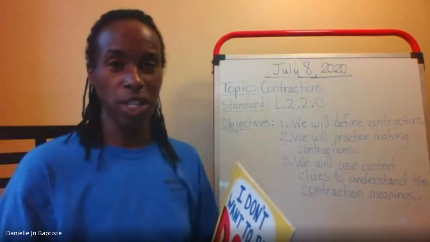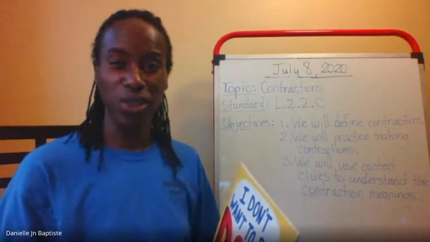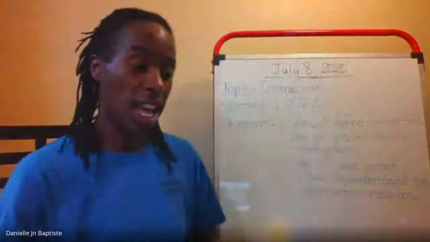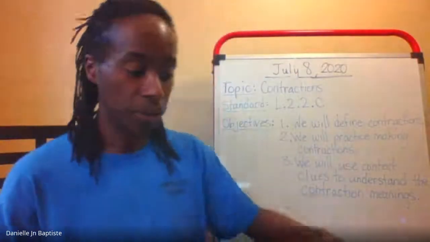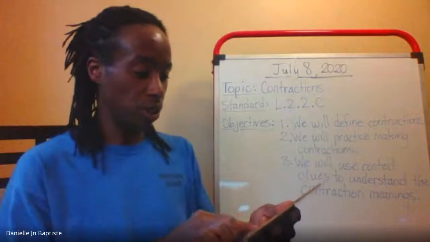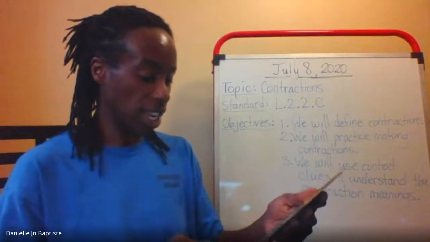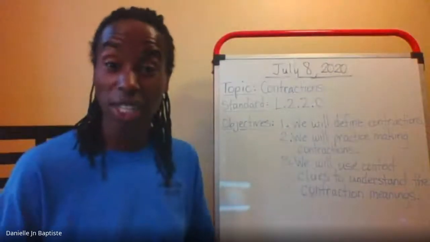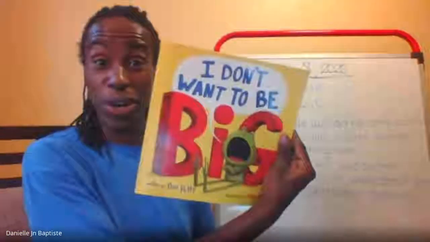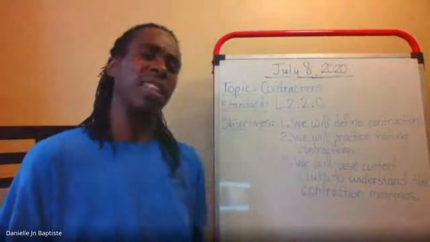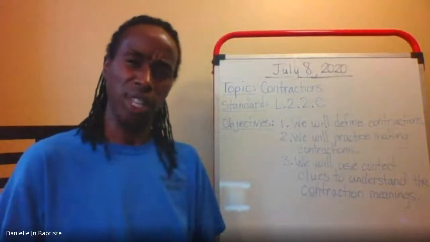And we are going to do a lesson on contractions using the contractions that are in this book. If I have it correct, there are 12 different types of contractions in this book. So it pays to understand what a contraction is.